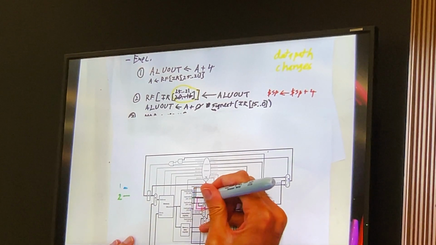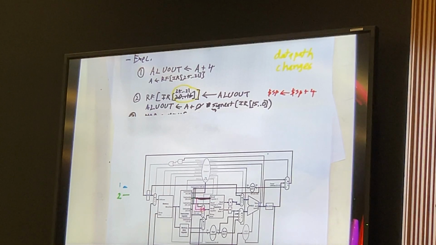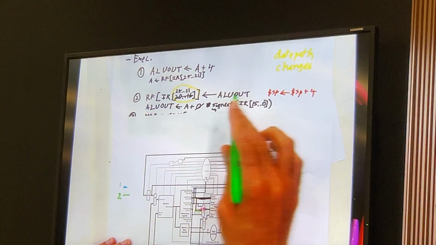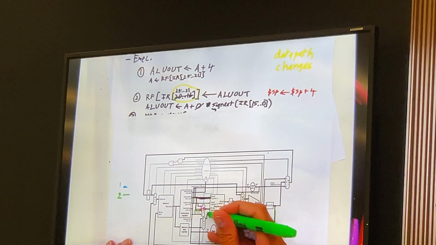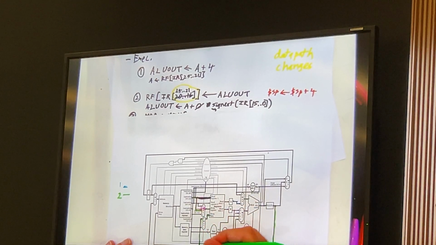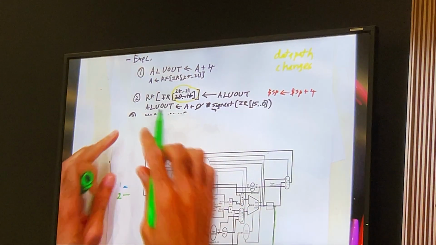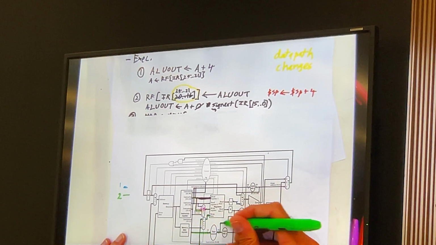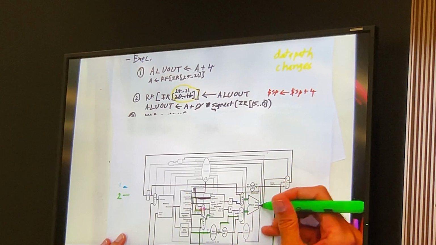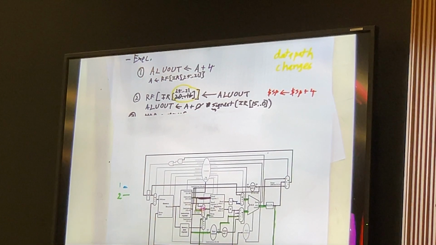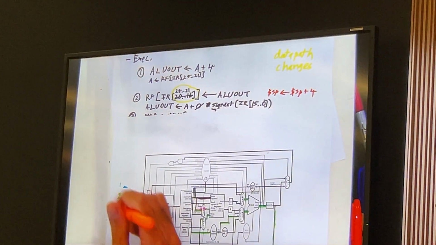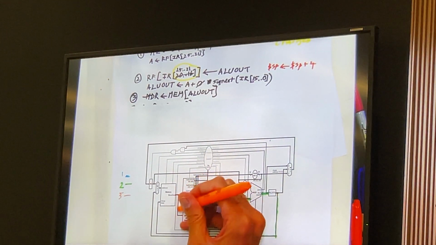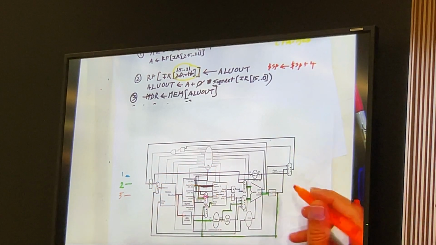B gets register file... ALUOut gets A plus this sign-extended field. Cycle 3, what other colors do I have? Orange. Cycle 3 is going to be orange. MDR gets mem of ALUOut.